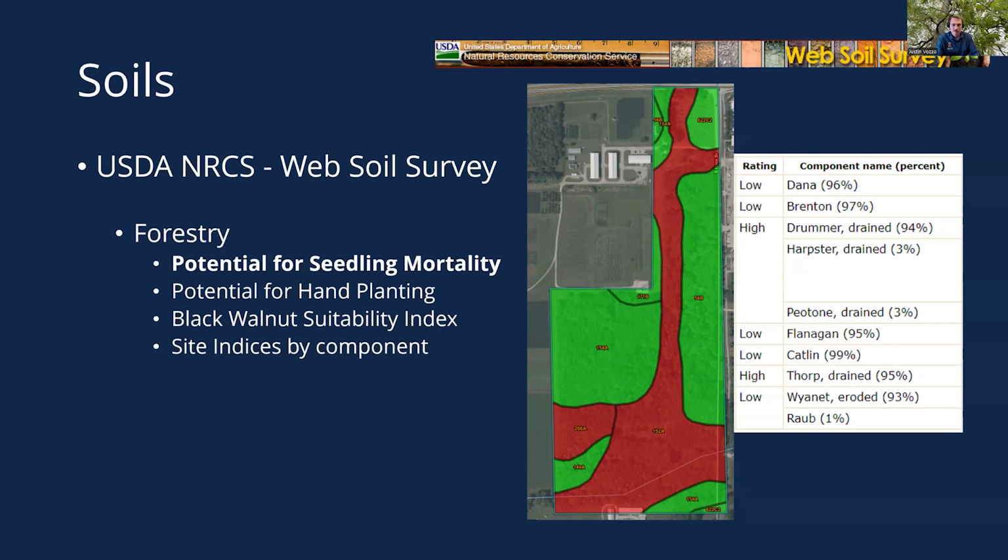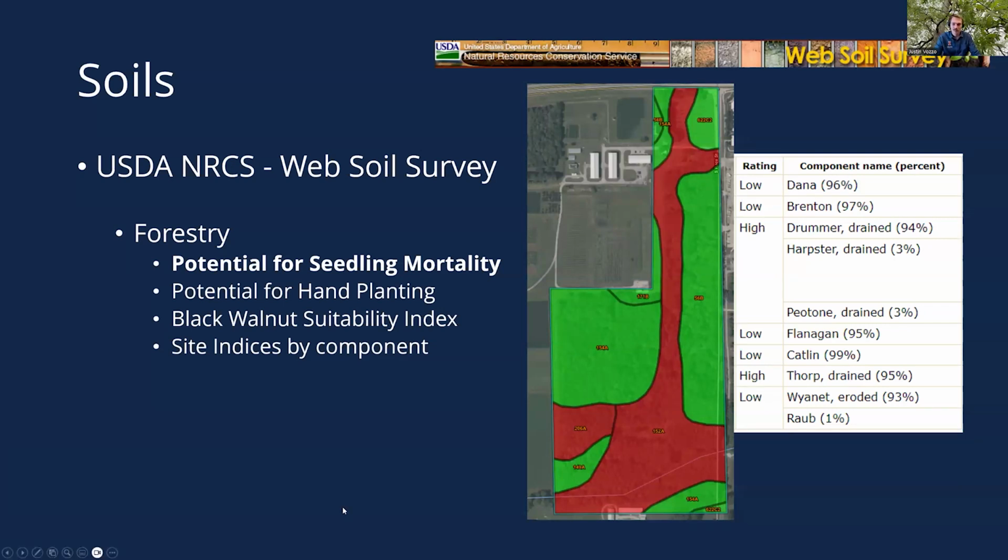There's a specific suitability index for walnut, which is helpful if you're interested in choosing walnuts. But there are also these more broad site indices, which are an important part of forestry. Site indices are essentially growth rates of different tree species that might do well or not relative to this soil type.